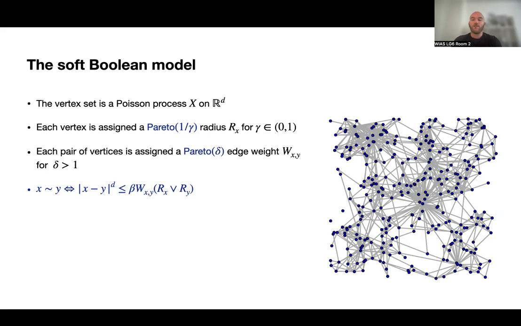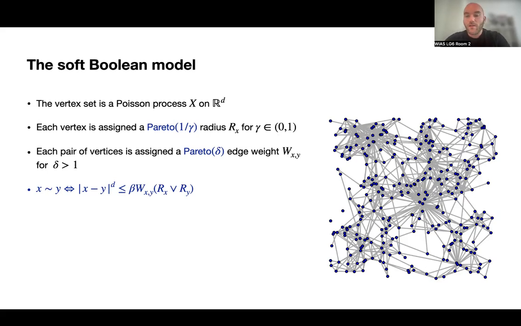If I increase beta, then this threshold on the right side gets larger, so I add more edges, or contrarily, if I decrease beta, then I make the threshold smaller, and on average, I remove edges. Also, the power d on the distance is here so that my model parameter remains independent of the dimension, but you could also bring it to the other side and build it into the Pareto indices. But let's not do this.